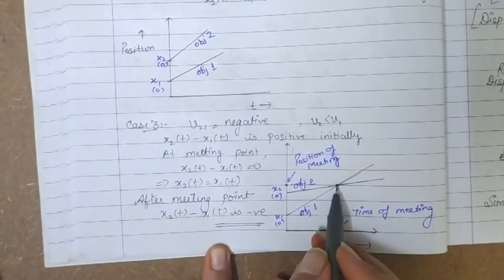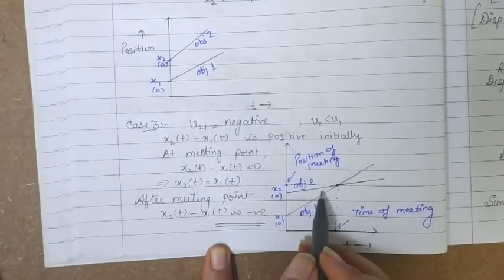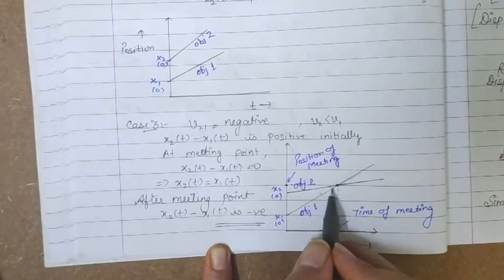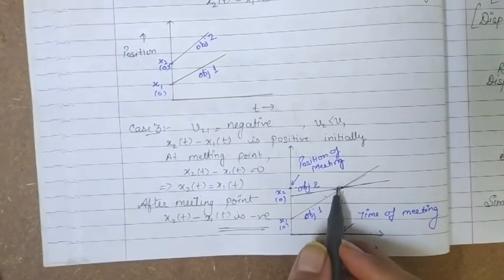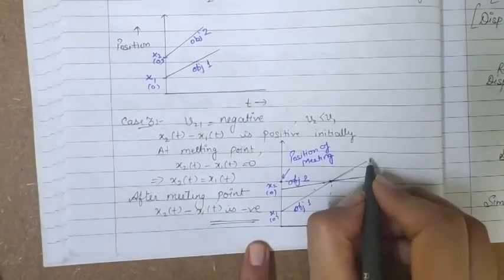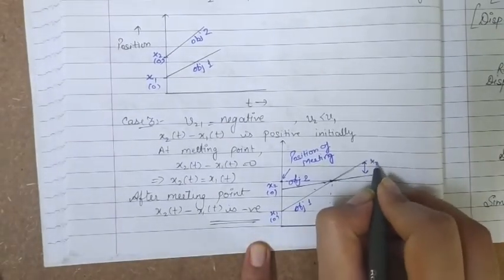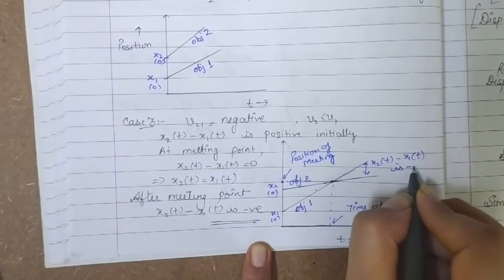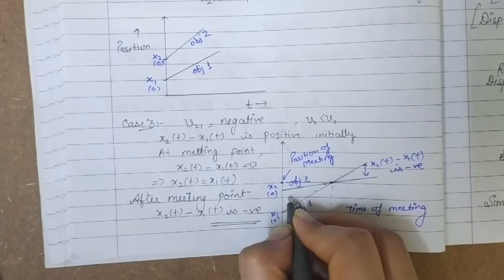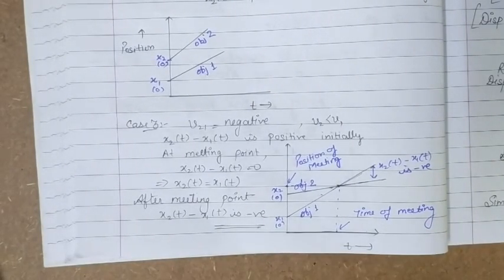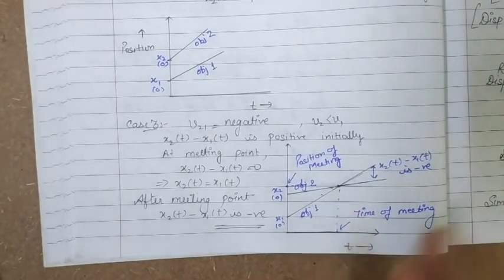Before the meeting point, at these positions, the relative separation between x1 and x2 is positive. At this particular point, the relative separation is 0, and after this point, in this case x2(t) minus x1(t), the relative separation is negative. Here it is 0 and here it is positive. So this is how we can explain relative velocity graphically.